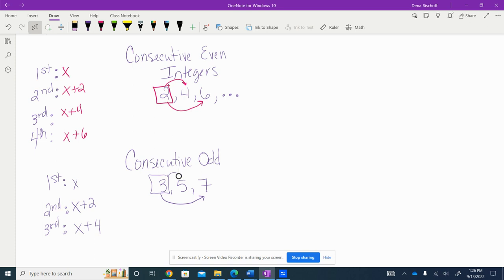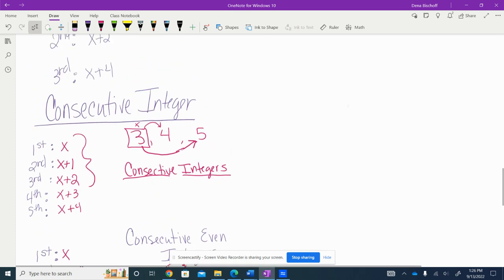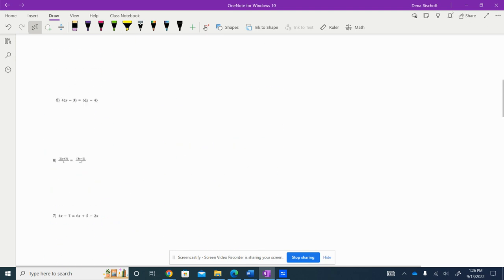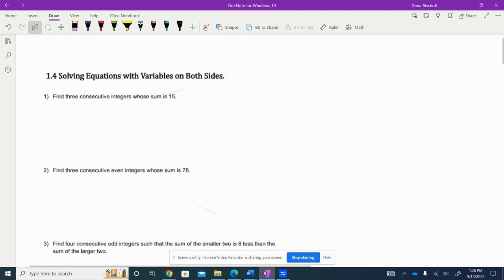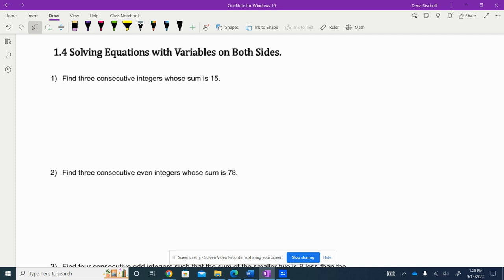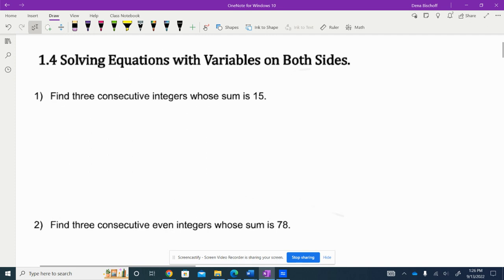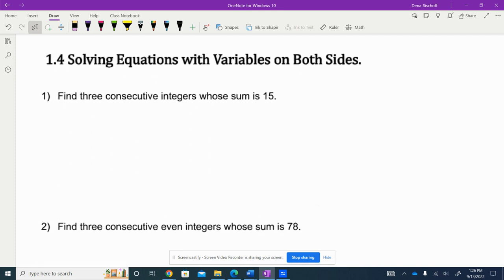So we're talking about consecutive integers first. Then we're going to solve some more multi-step equations. So if you open up your notes to that first section, the first thing that we talk about is consecutive integers. So I'm going to tell you what's important here.